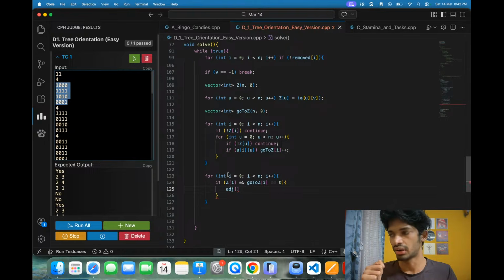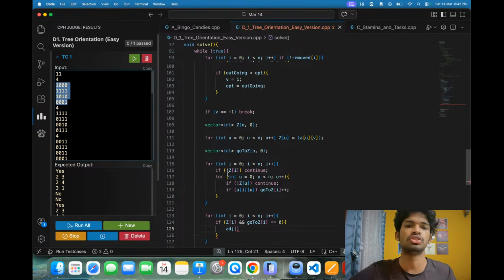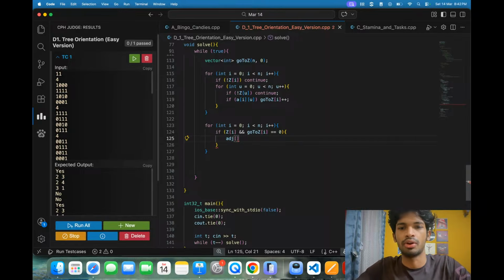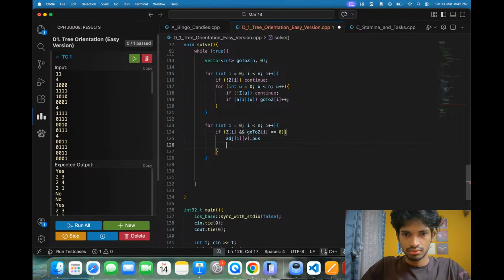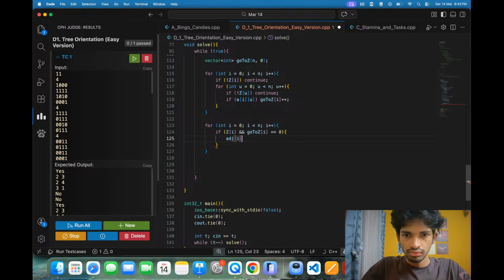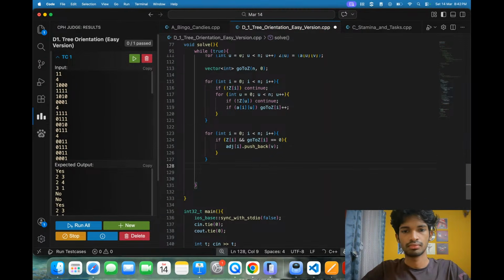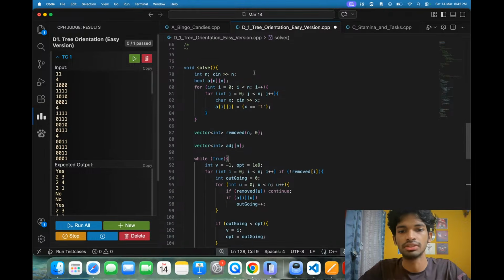So it's true, I guess, because if it cannot reach it now, it cannot reach it again. So I think it's true. You just have to check if cycles are formed or not.